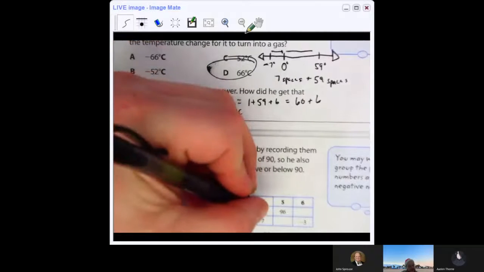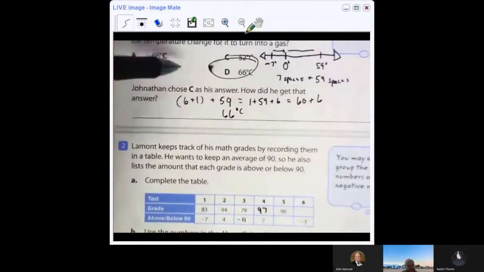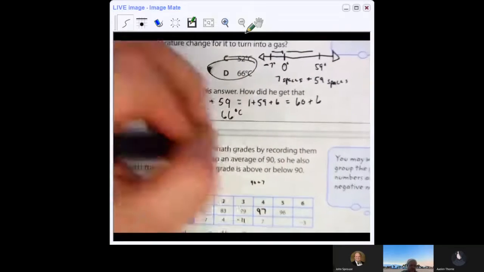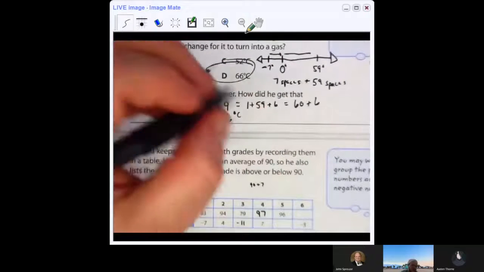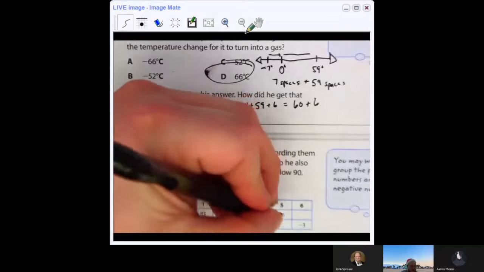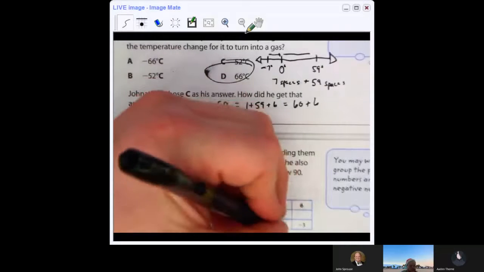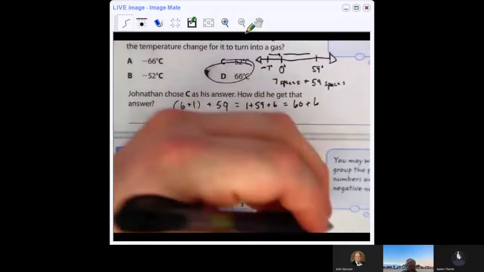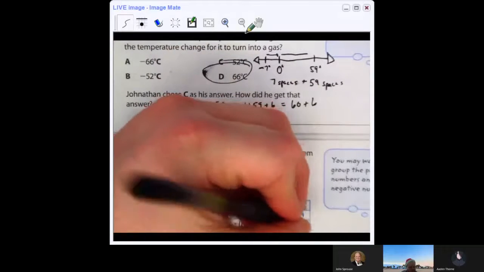So that means that he would have to have 97, because 97 is literally 90 plus 7. Now 96, my bad. 96 is 6 more than 90. And 3 less than 90 is 87.